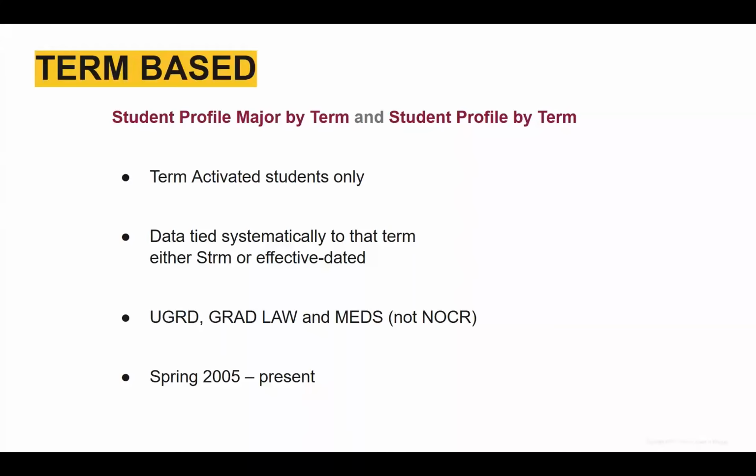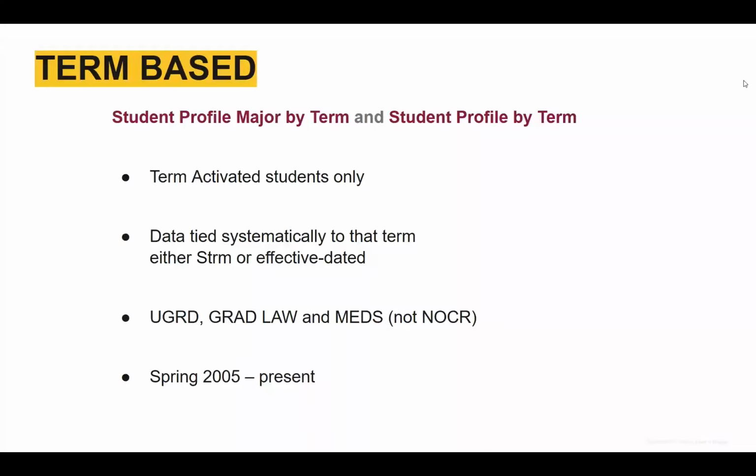So the data in these tables is tied systematically to that term. If the table is naturally term-based, it has an S term in it, then it's for that term. If it's not, so for example, the program plan data that a student has, it's not really term-based. We pull in based on the effective date at the start of the term.